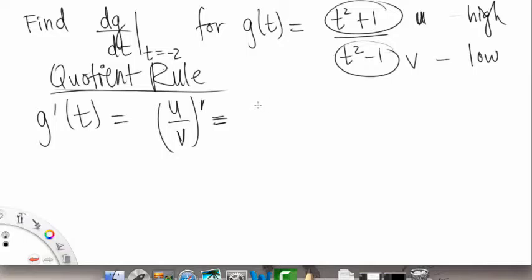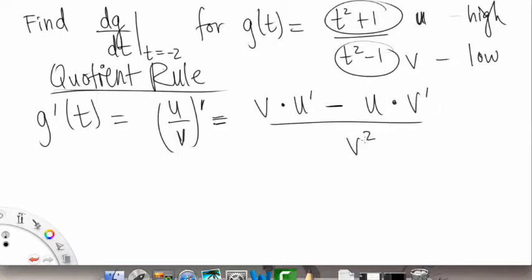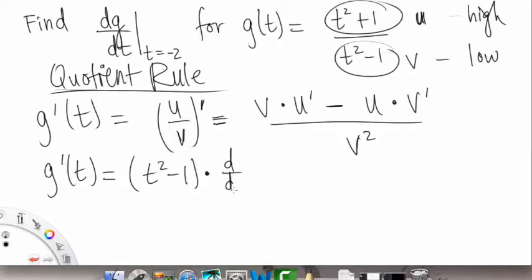Low d high, so low is v, d high is u prime, less high u, times d low v prime, over low squared, with low squared below. So in function form, this looks like g prime of t is equal to low, so we're going to write down t squared minus 1, because that's directly from the bottom, times d high, so we're going to do d dt, and we're not doing d dx here because we're not dealing with x's, right? So we have to differentiate with respect to t.